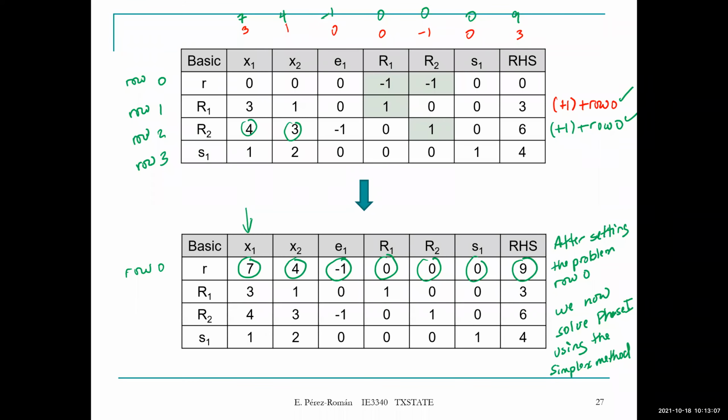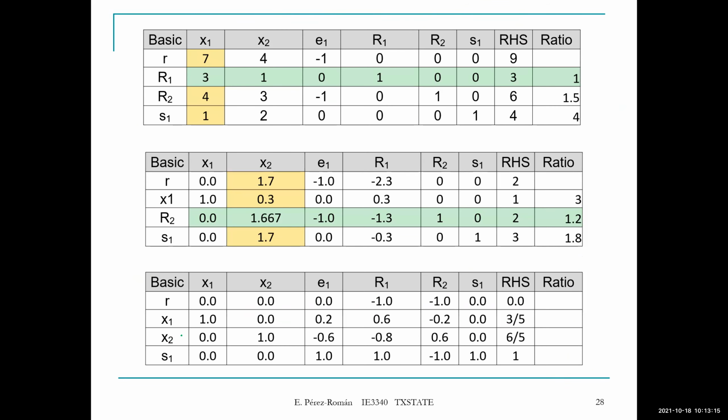And then we're going to do the minimum ratio test to identify which one of these basic variables is going to leave. So that's what we are doing here. We are doing the minimum ratio test. So this is 3/3 equals 1.